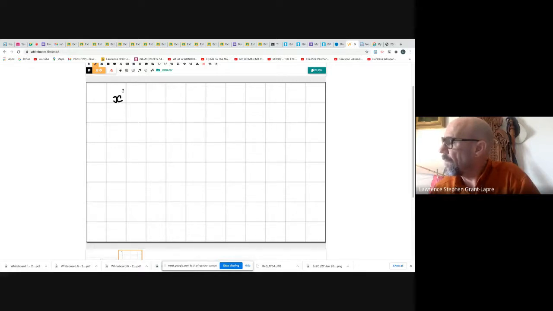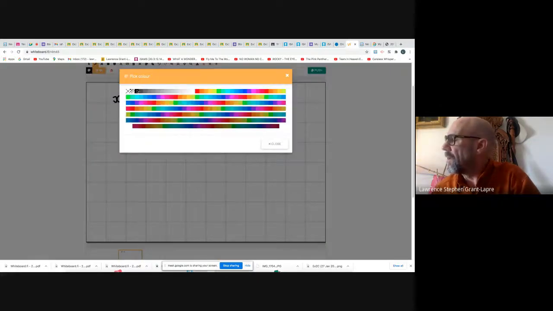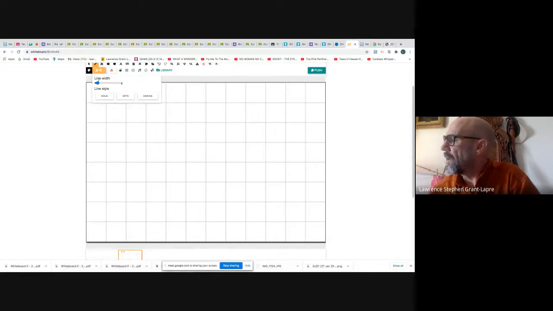X image is x plus, what did we do? Negative x. Okay. Y image is y. What does this represent? What type of transformation does this represent?